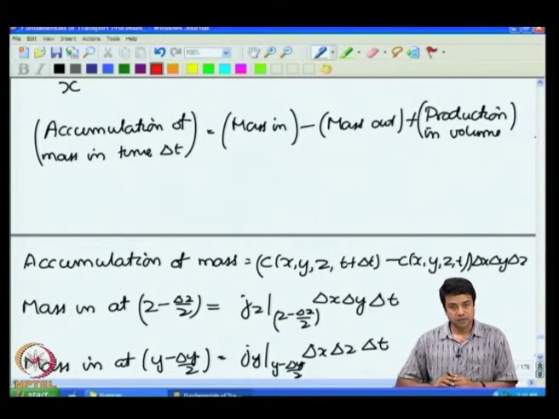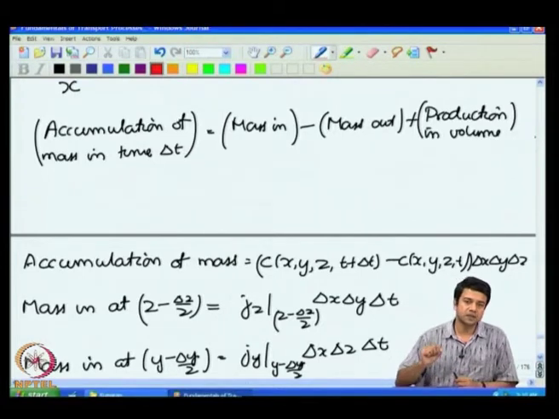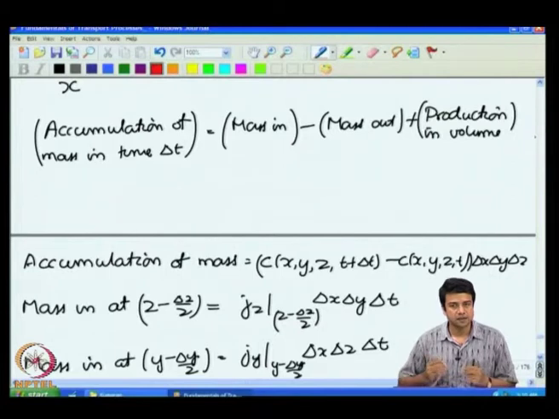Note that when we take the accumulation term, t is changing between t and t plus delta t, but x, y and z are remaining constant. That is, we are sitting at one particular location in space and finding out how the concentration changes in time.